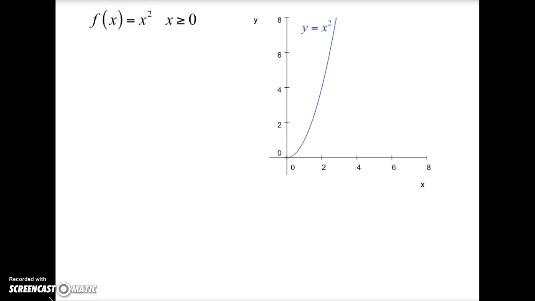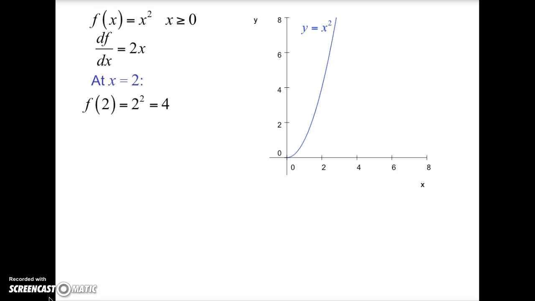So if I graph f of x equals x squared, I'm just going to stay here in the first quadrant, so I'm just going to use positive x's and y's for now. If I wanted to, I could take the derivative of f of x. f prime of x would equal 2x. And if I wanted to, I could focus in on one point.